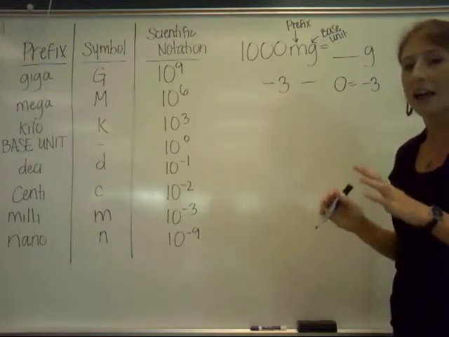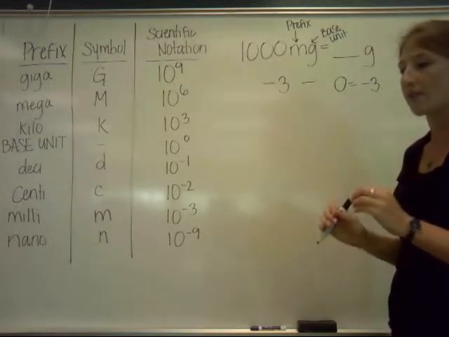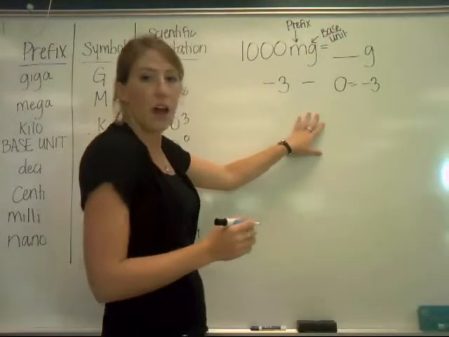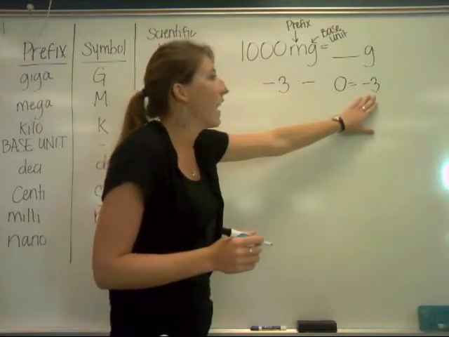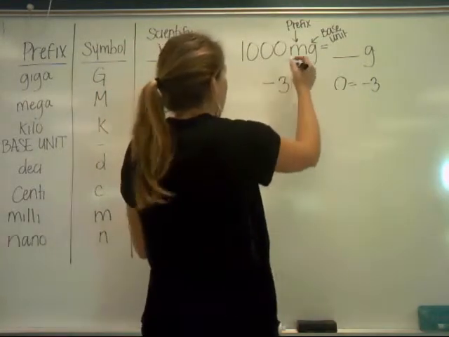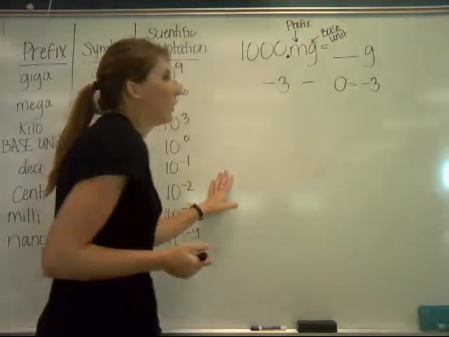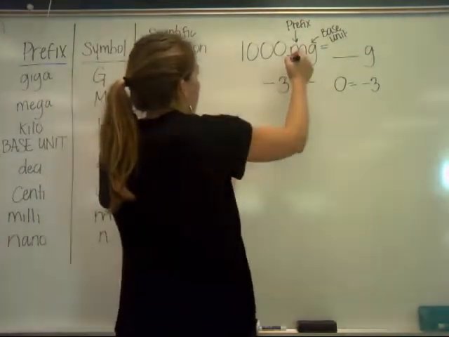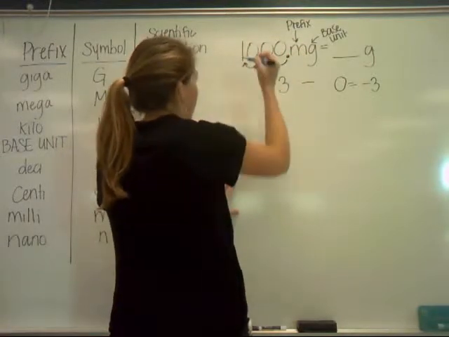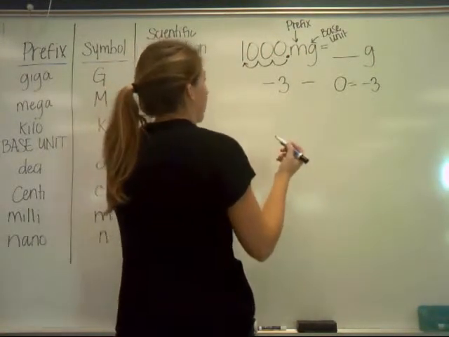That means I need to move 3 spaces to the left. The way I know that's to the left is because I have a negative 3 here. That number's negative, so I'm going to go to the left. Okay? So my decimal place would be right here, if we could see it. So then I just move 3 spaces. 1, 2, 3. That's 3 spaces to the left.